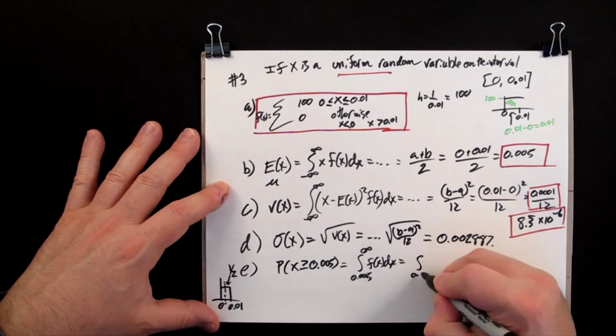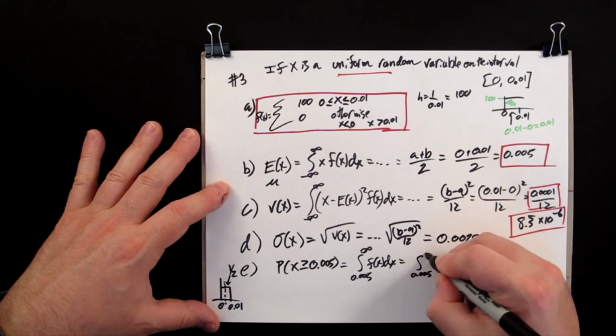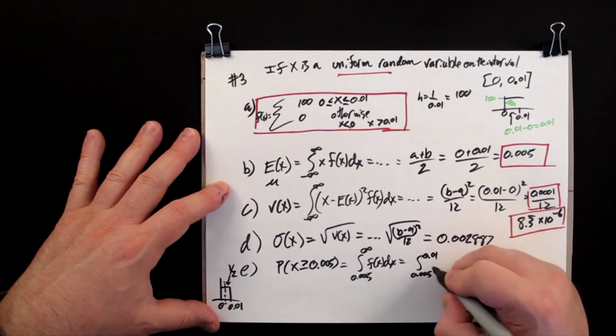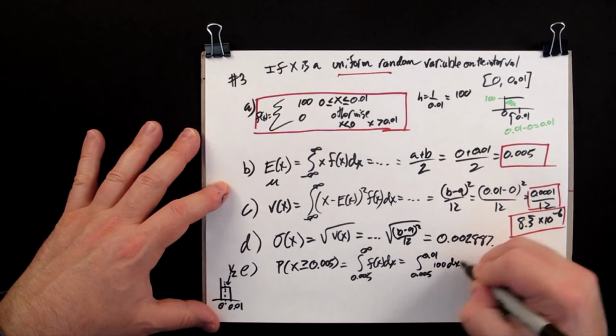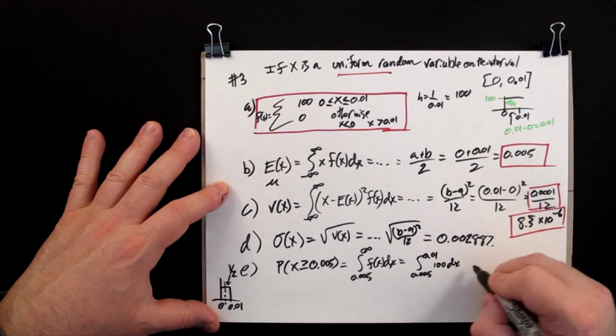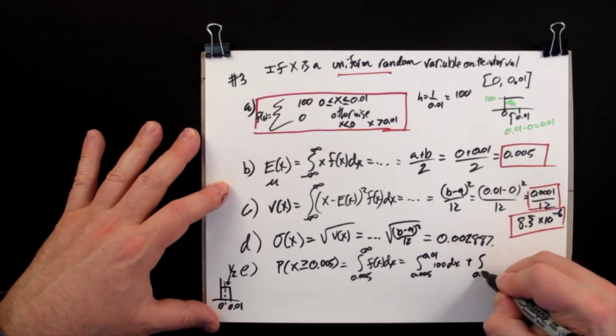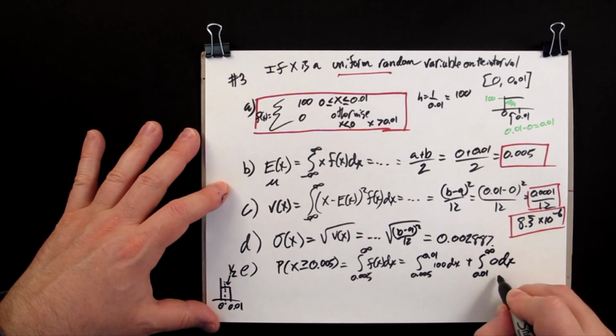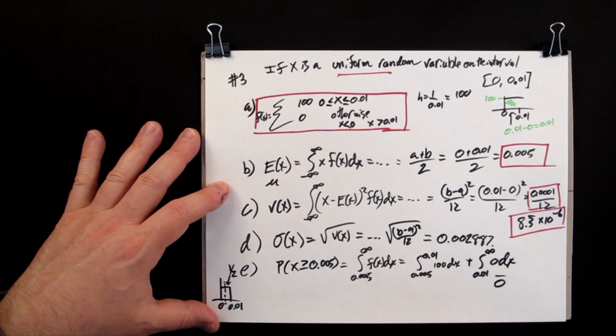So we divide this into two pieces. So in this zone, it's 100 when it's on, and then outside of it, it's going to be off. So we're integrating 0, so this one's going to end up being 0. So this is the only one we need to worry about.